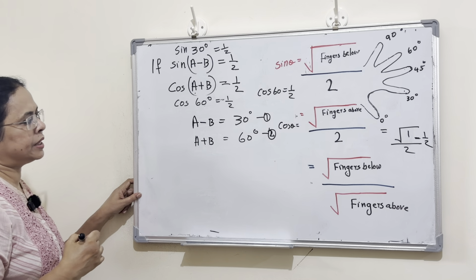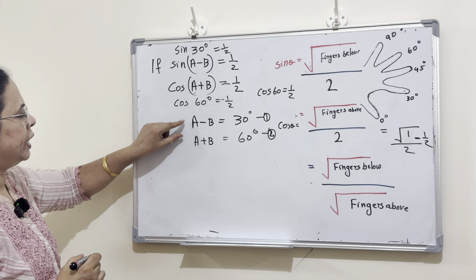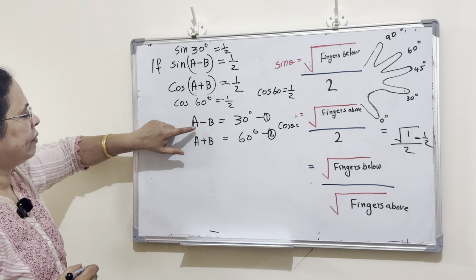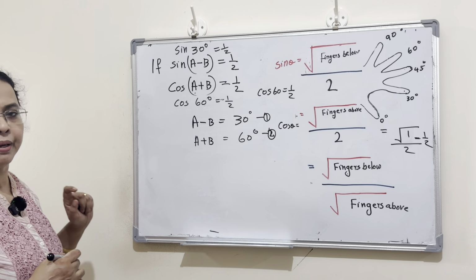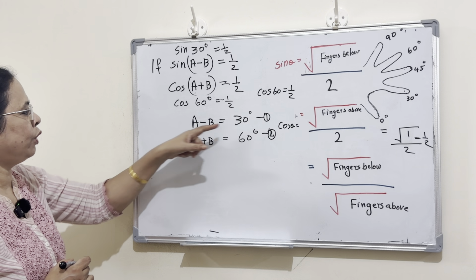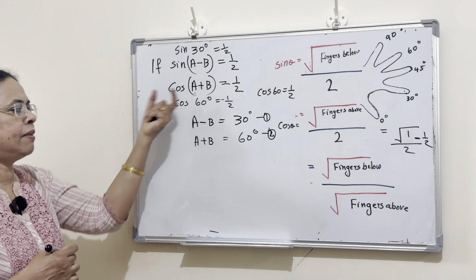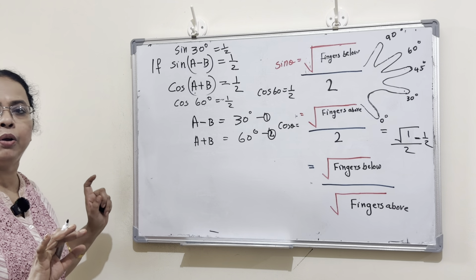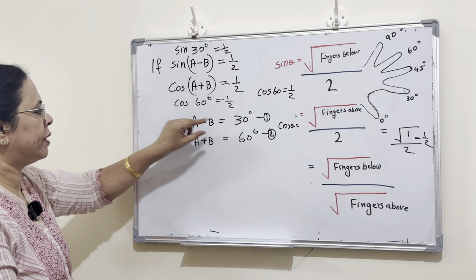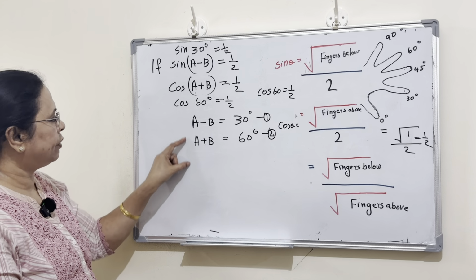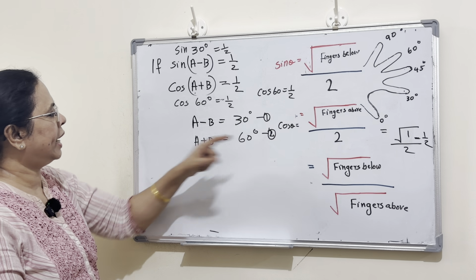So from equation 1 and 2 we can find out. Here I don't know the value of A as well as B. In an equation, if you don't know two variables, A is a variable, B is a variable, from a single equation I cannot find out. So we have two equations here, equation 1 and equation 2.